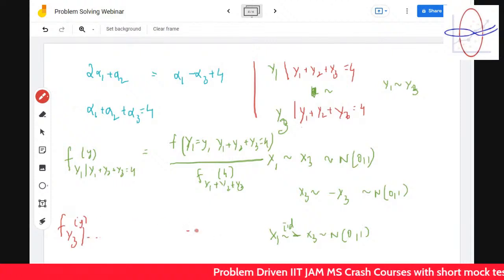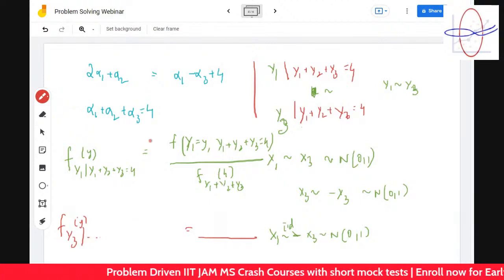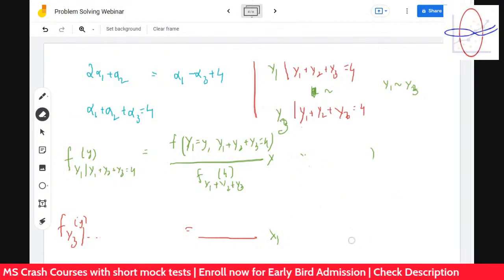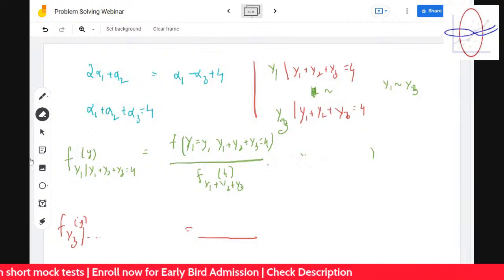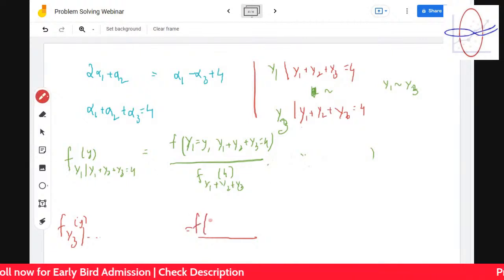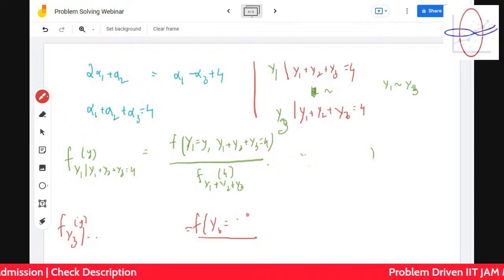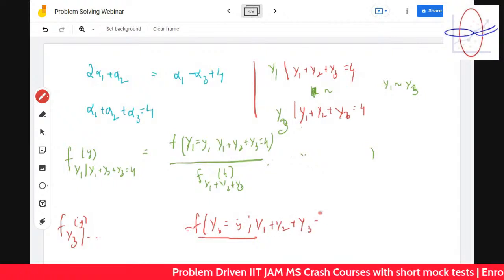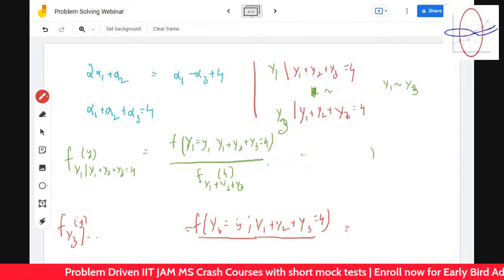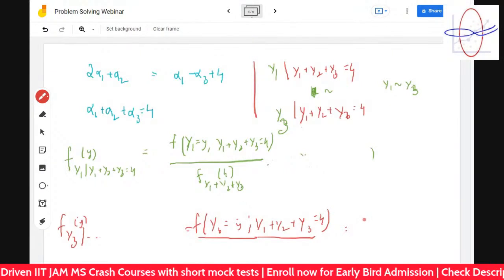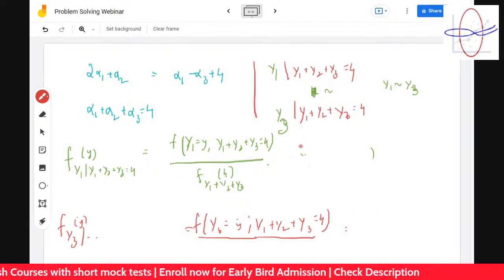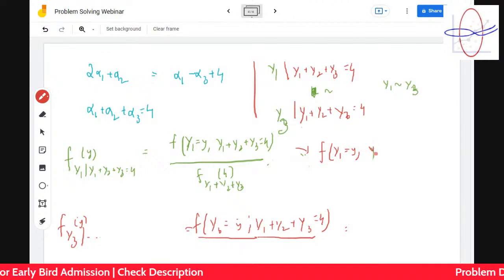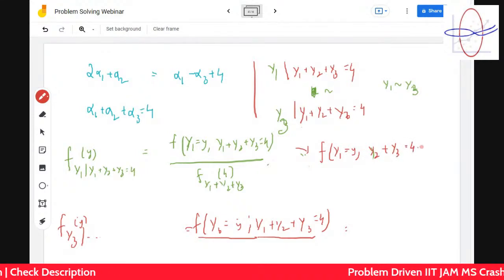The denominator will be the same. In the numerator you will just get f of y3 is equal to y, and y1 plus y2 plus y3 is equal to 4. So it turns out that here f of y1 is equal to y and y2 plus y3 is equal to 4 minus y.